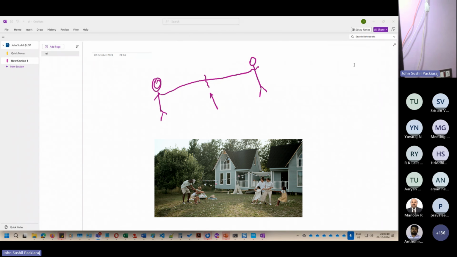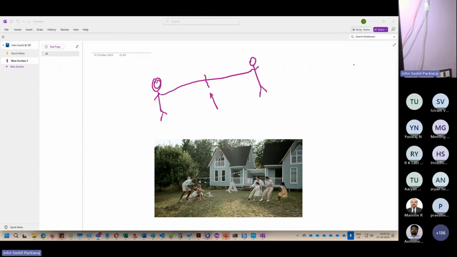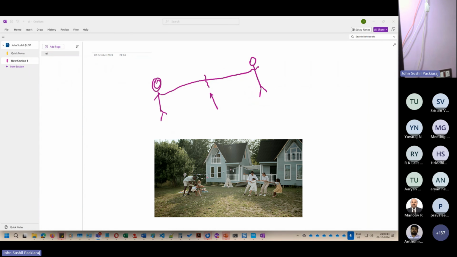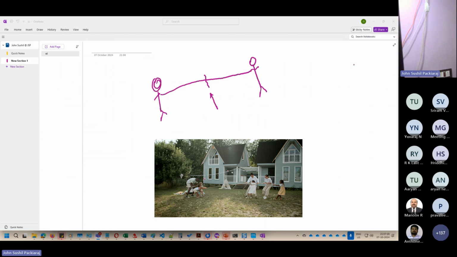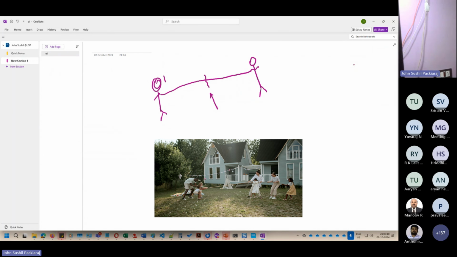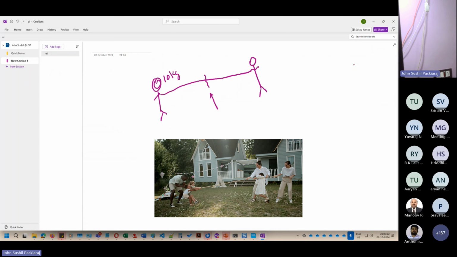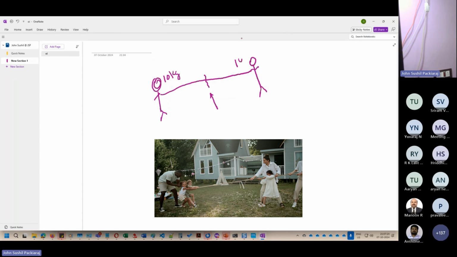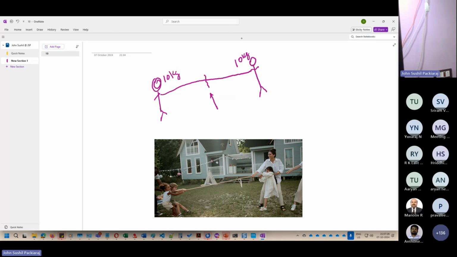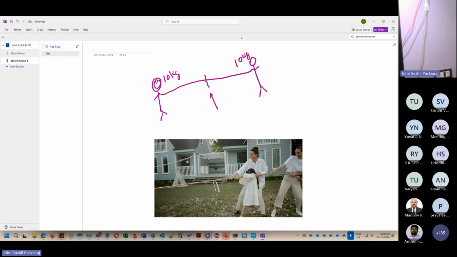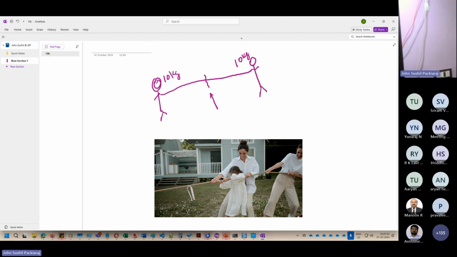When the rope is being pulled, if we find that the position is the same, it means both people are pulling the rope with the same force. Let us say that this person is pulling with 10 kilogram force, very small force, small children are only pulling, and this person is also pulling with 10 kilogram. There is going to be what is known as equilibrium.